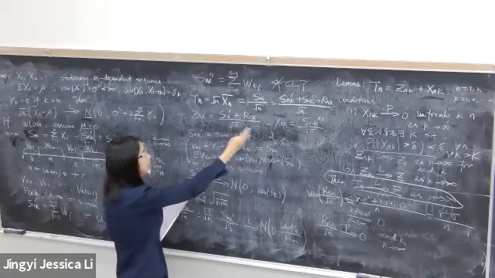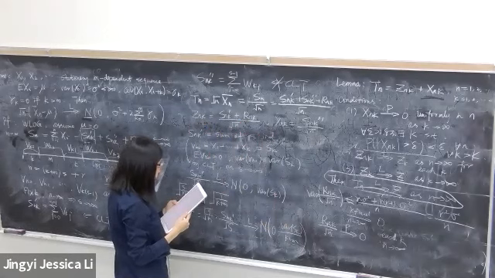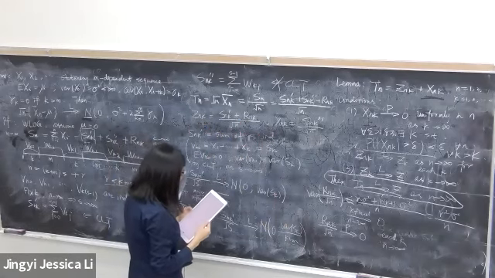And for the second part, X_{n,k}, how do we deal with this?